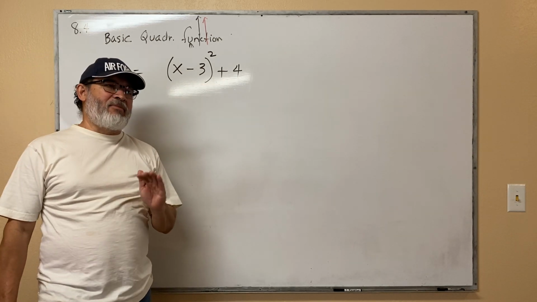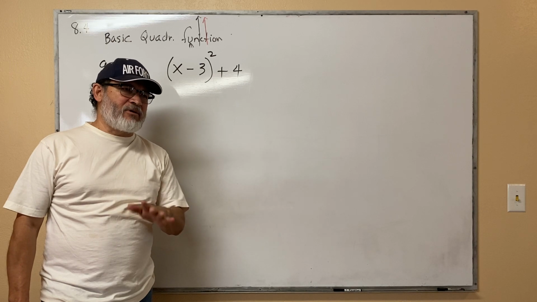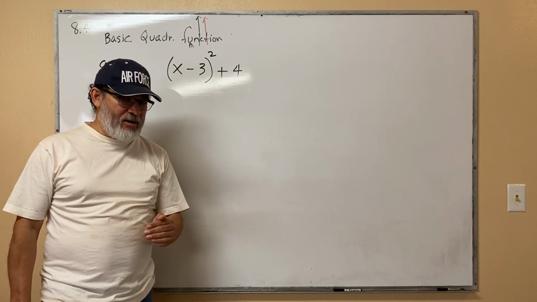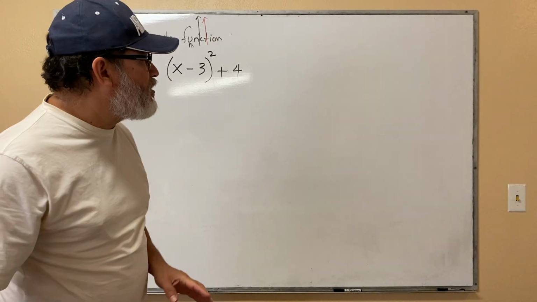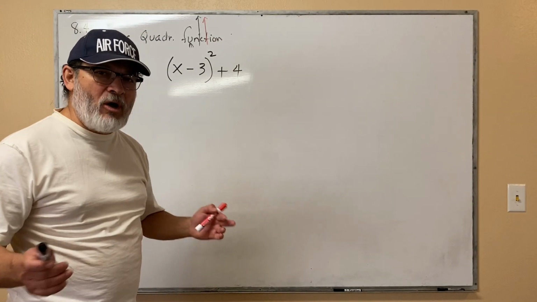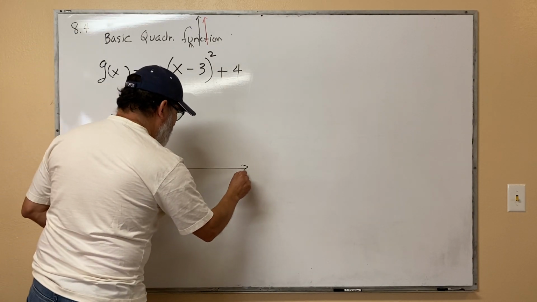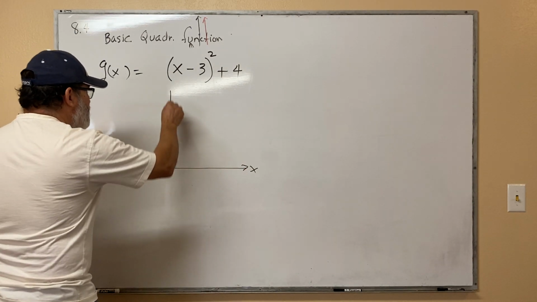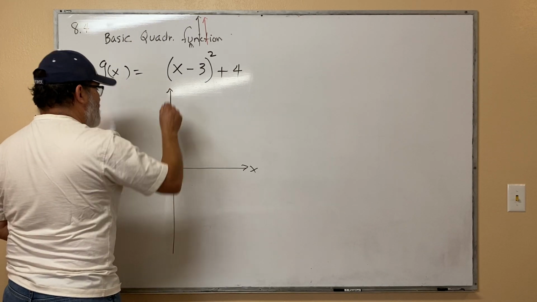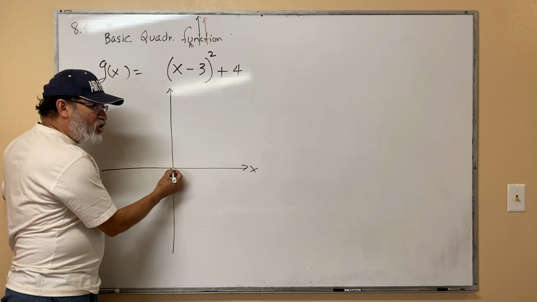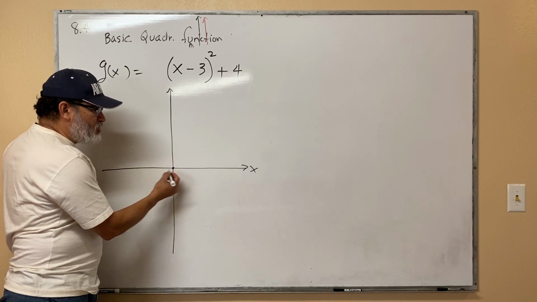Do you remember the behavior of the basic parabola? Let me show you the behavior of the basic parabola. You should already know it. Here we go, look. The vertex is right there at 0, 0.